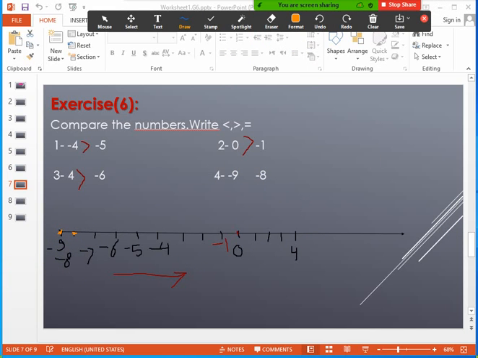Who didn't answer, girls? Who didn't answer? Yes, Selma, open the mic. Which one is the greater? Open the mic, Selma. Yes, which one is the greater? Negative 8 or negative 9? Which one is the greater according to the number line? This is negative 8, this is negative 9 right here.